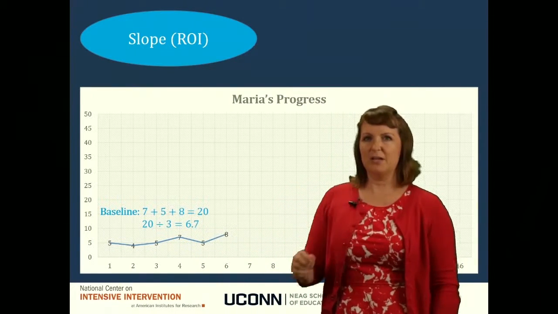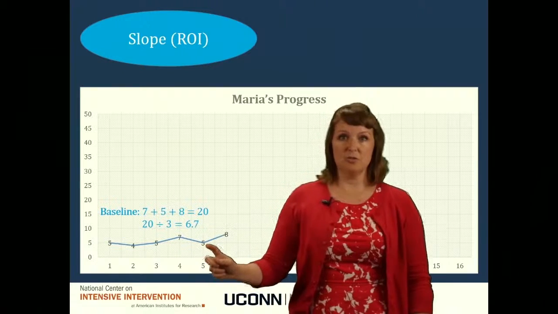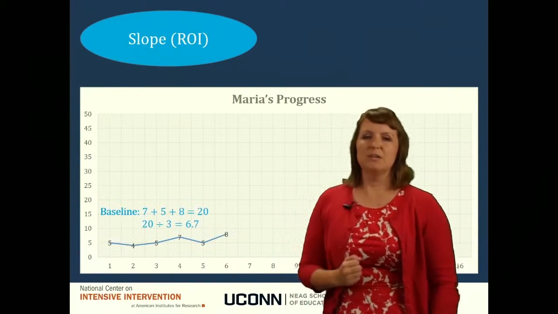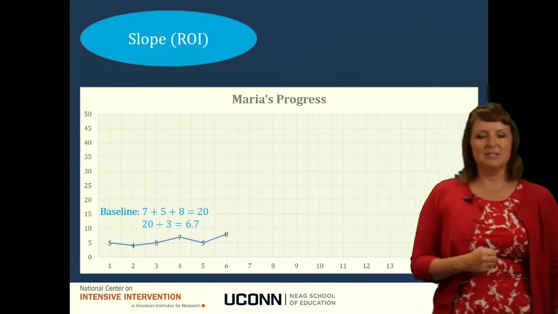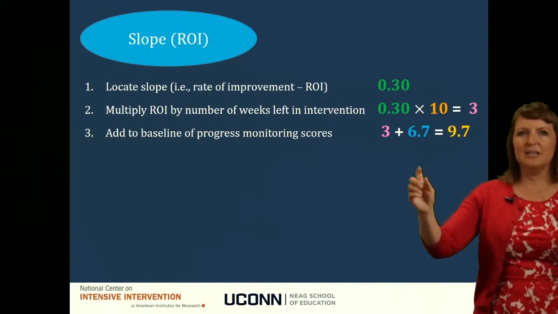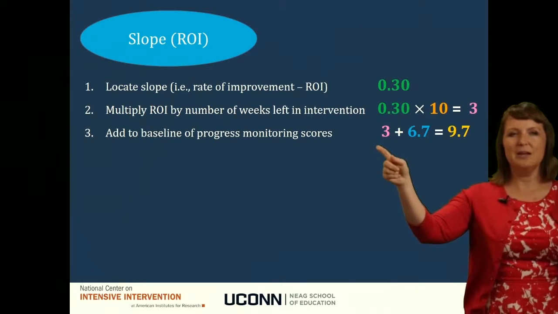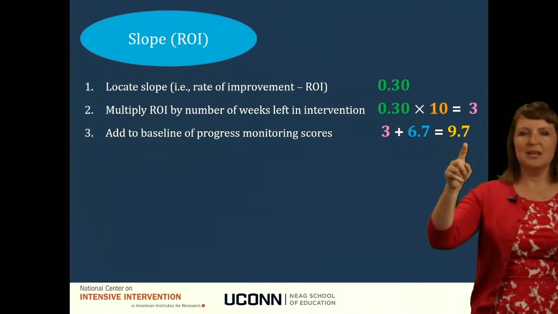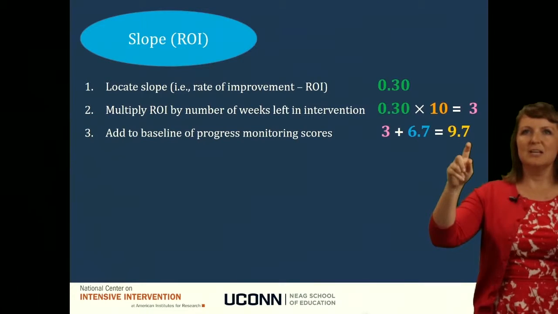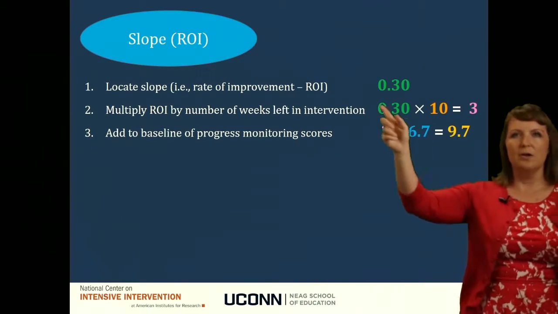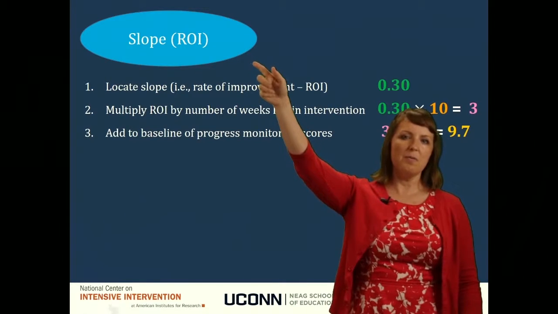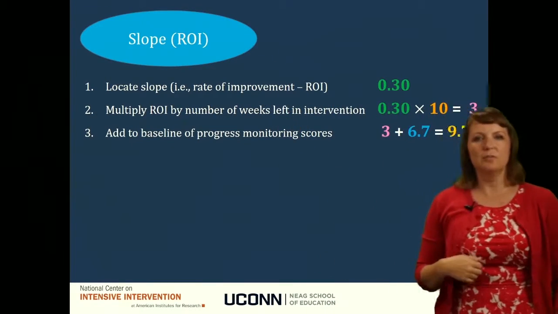So 20 divided by 3, because I had 3 scores that I used, 20 divided by 3 is 6 and 7/10. So I take that 6 and 7/10 and I add it to 3. So 3 plus 6 and 7/10 is 9 and 7/10. And this 9 and 7/10 is Maria's goal when we're using the slope method for finding a goal for Maria.